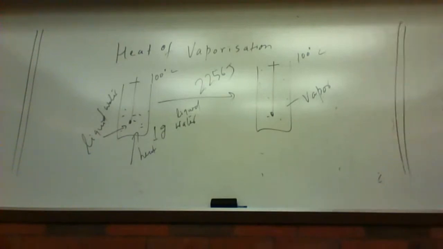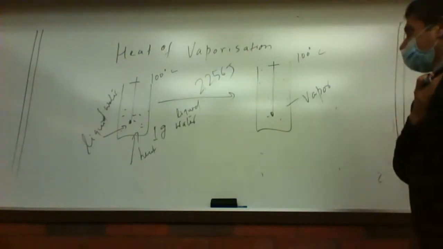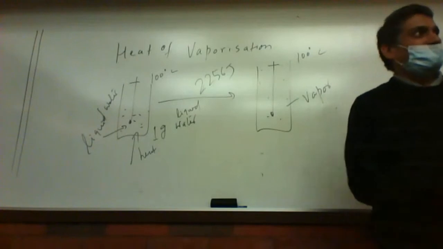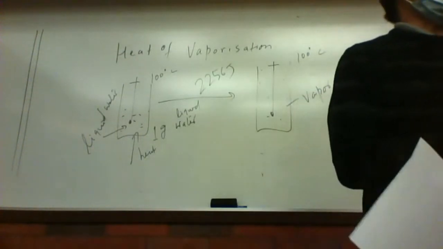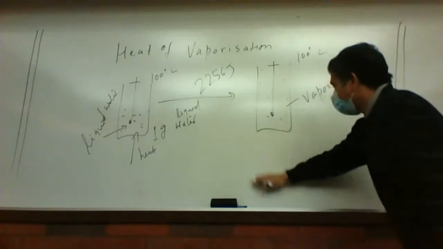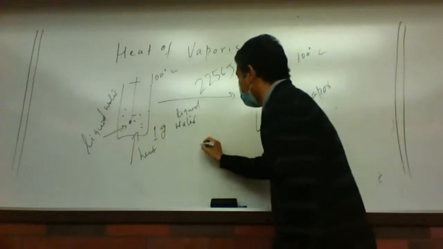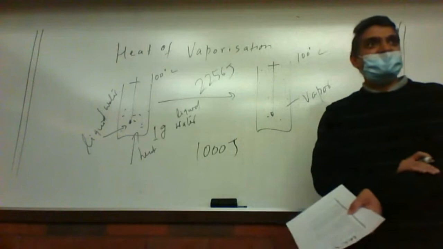So you have probably heard in hospitals that a burn by water vapor is very severe, but a burn by boiling water is not that severe. Why? Because a burn by boiling water maybe gives, let's say, 1000 joules of heat.